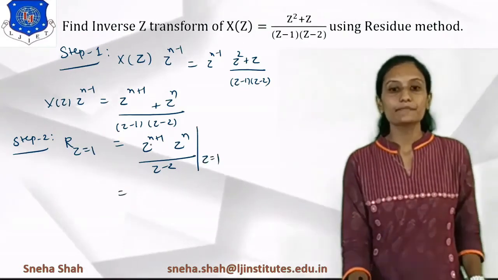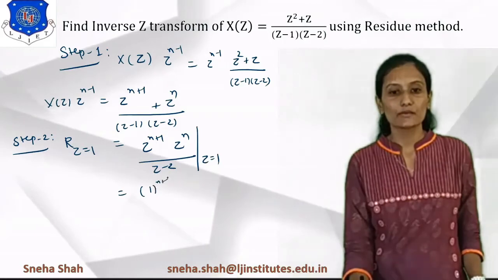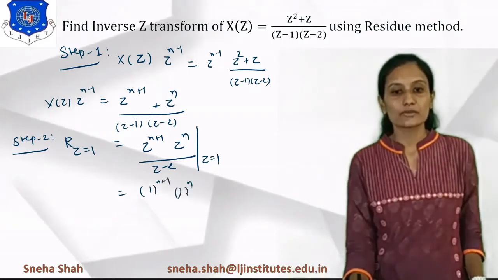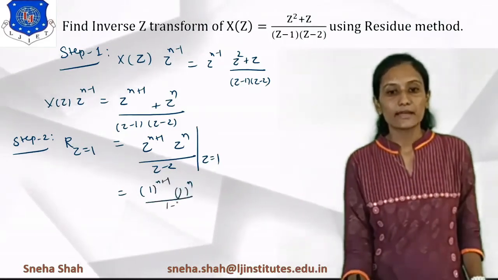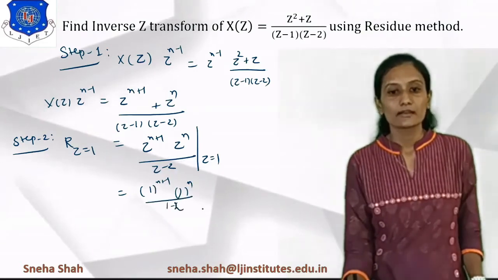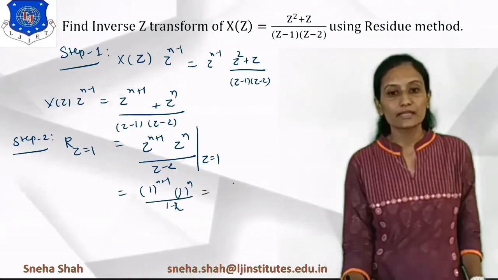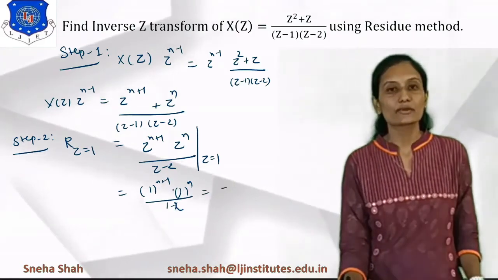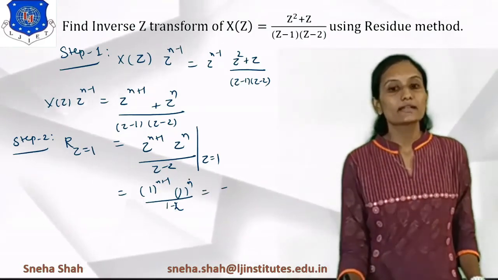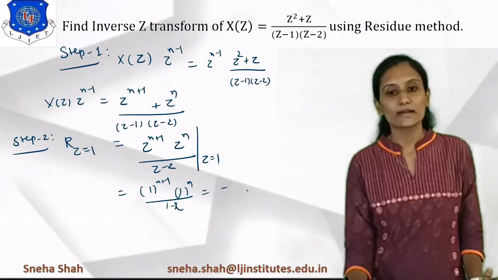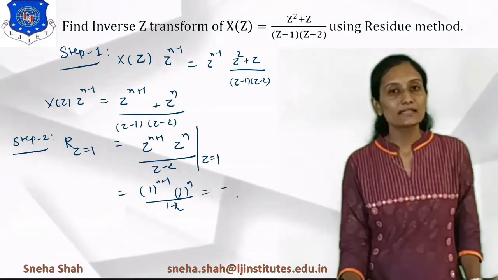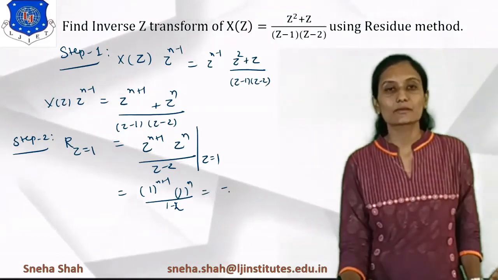So what will be the term? 1 raised to n plus 1 plus 1 raised to n, divided by 1 minus 2, right? So 1 minus 2 means minus 1.